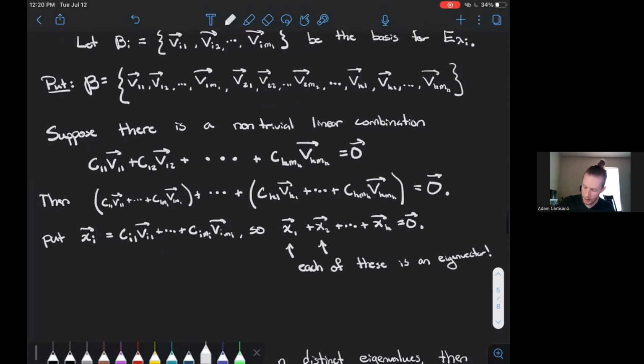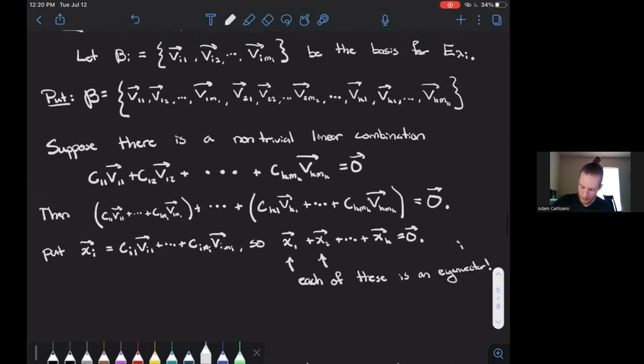It's even better. It's not just an eigenvector, it's an eigenvector inside E lambda i, specifically that eigenspace. So x3 is an eigenvector in E lambda 3, and x12 is an eigenvector in E lambda 12. That's because the way that we broke them up, we took a linear combination of the basis vectors of E lambda 3 or E lambda 12 or whatever.